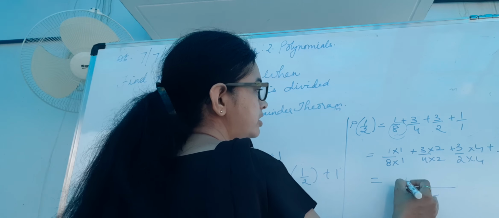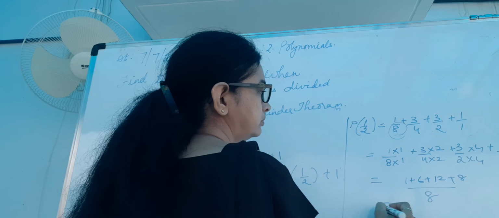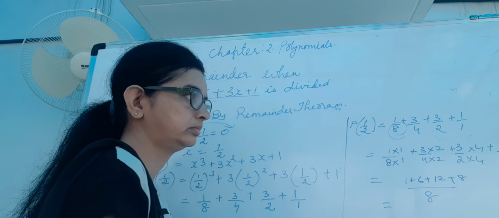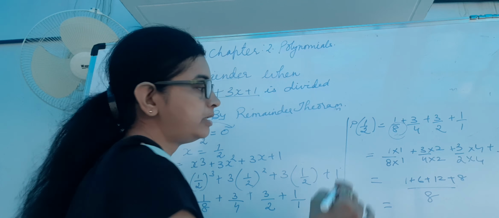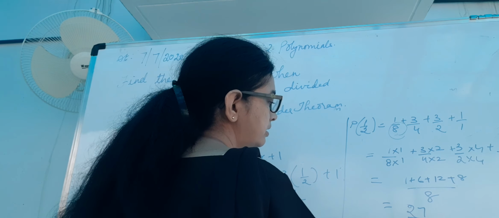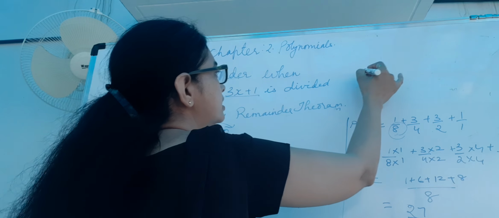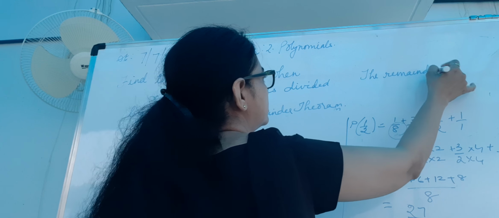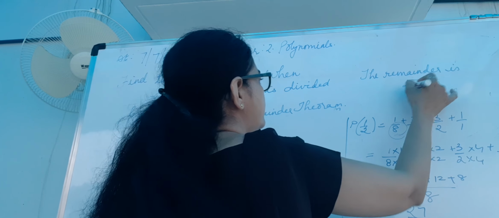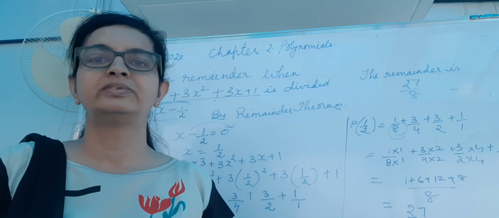In the numerators we are going to add. 18 plus 1, 19, 19 plus 8, 27 upon 8. So the answer will be, the remainder is 27 upon 8. Thank you.